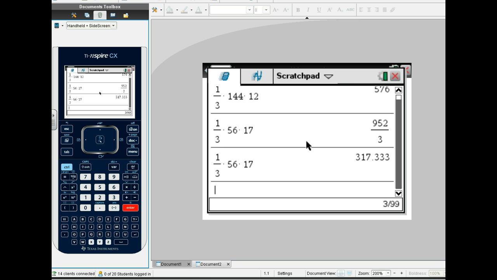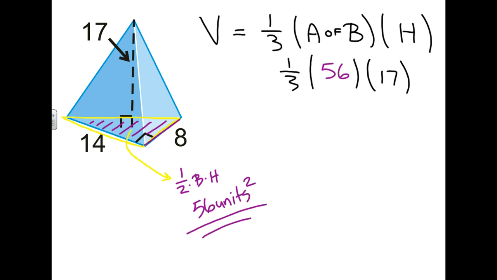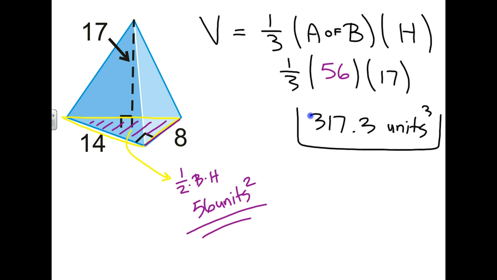So calculate that, you get 317 1/3 units cubed. So 317.3 or so, however you're going to round it, units cubed. Yep. Okay, so pay attention to what shape the base is. Good?